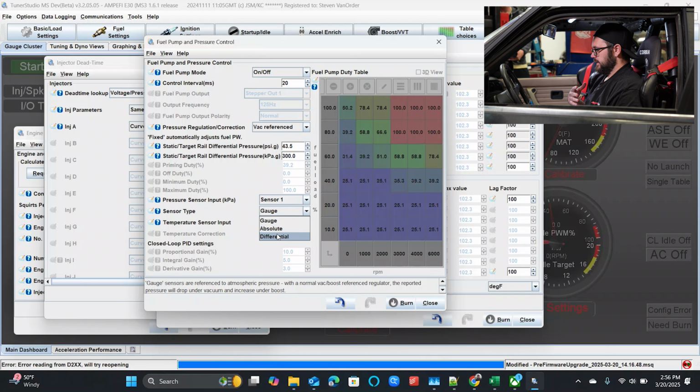Differential means that it's going to be reading the difference between the fuel rail pressure and manifold pressure. So it'll have a vacuum line that runs from the fuel pressure sensor to the manifold. It's very important that you set your sensor up appropriately. If you don't, you're going to get the wrong pressure input reading to the ECU, and it's going to throw off the value.